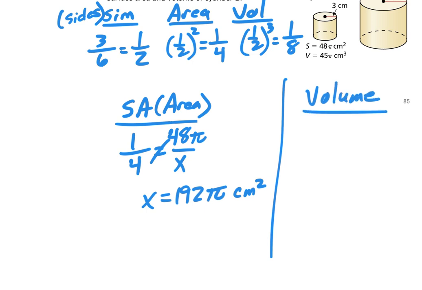Okay, if I'm going to do volume, I do the exact same thing, except I'm going to use the volume ratio. So you have to use 1/8. Because we're trying to compare volumes. Okay, 1/8. The volume of the small one is 45 pi.